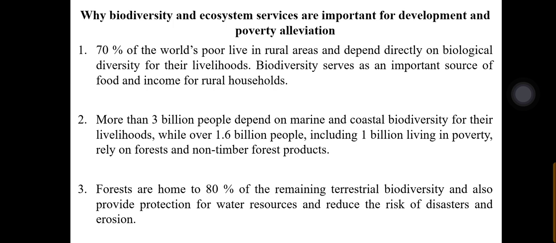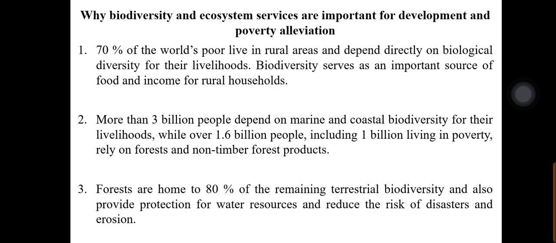Then they talk about forests being home to 80% of the remaining terrestrial biodiversity. Of course, whenever we try to clear the bushes and the forest around us in order to develop that area, we will send some species into extinction. And this is what we should consider whenever we want to develop a place: I have to first consider the endangered species in that area and find a way to conserve them.